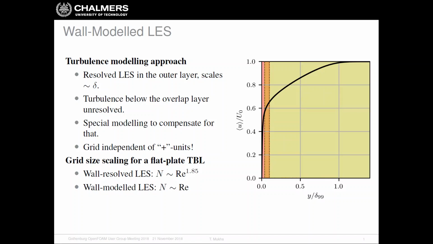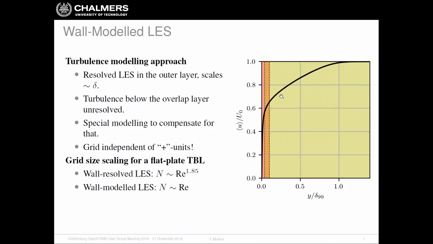Now, since this talk is going to be focused quite a lot on grid generation, it's important to point out already now that once we said that we're only going to resolve turbulence in the outer layer, we no longer have to think about our grid in terms of plus units.